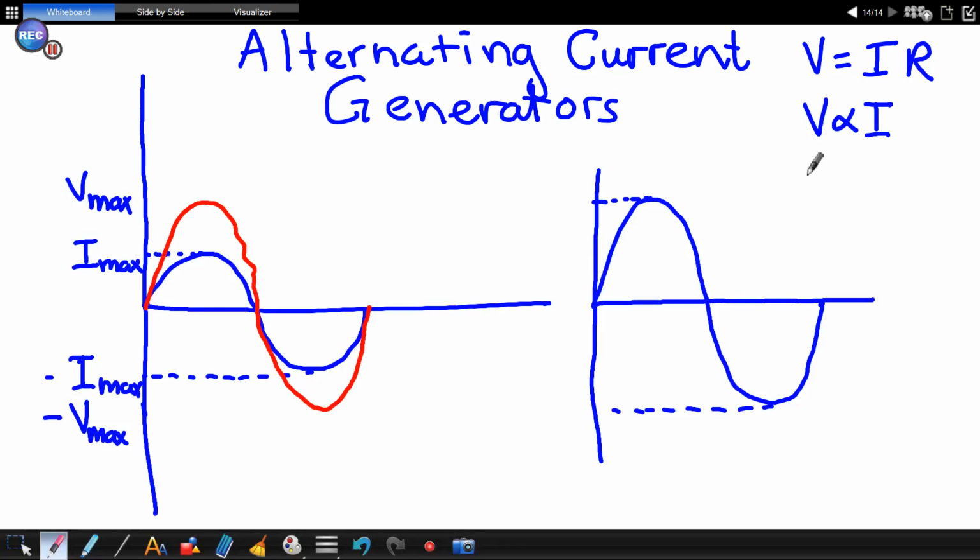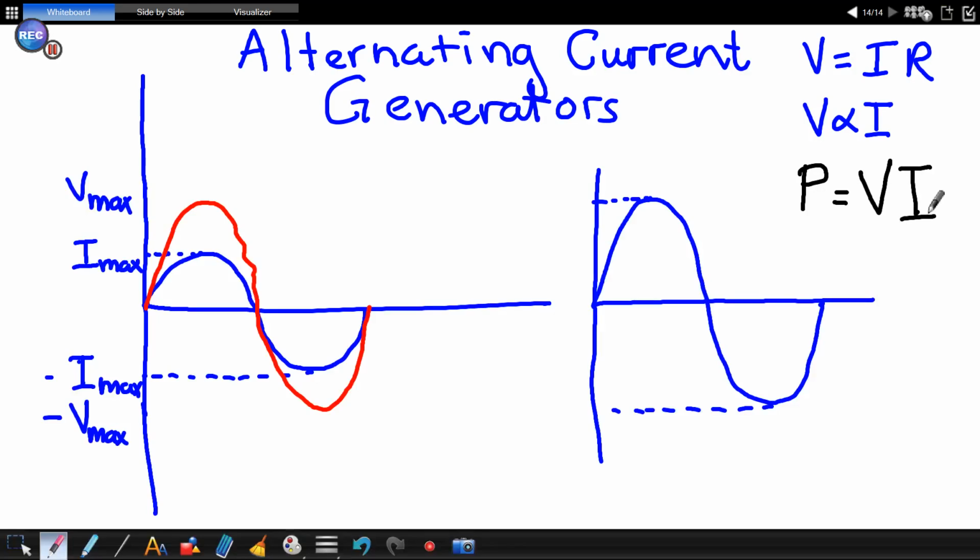So there is a relationship between power, current, and potential difference. What is it? Power is equal to what? V times I.